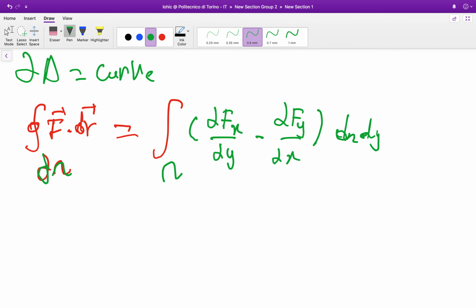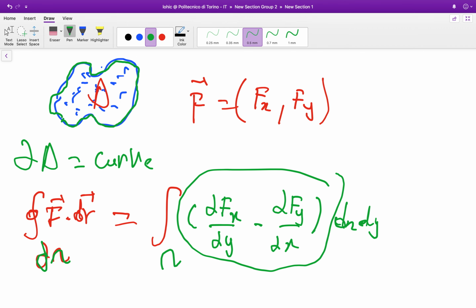Is that clear? From one side, the integral of the field on the border is equal to the integral of this stuff inside the domain. This is the meaning of the Green theorem.